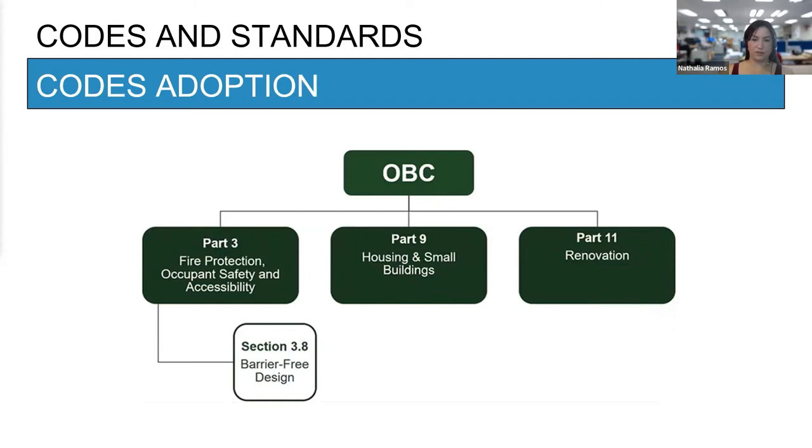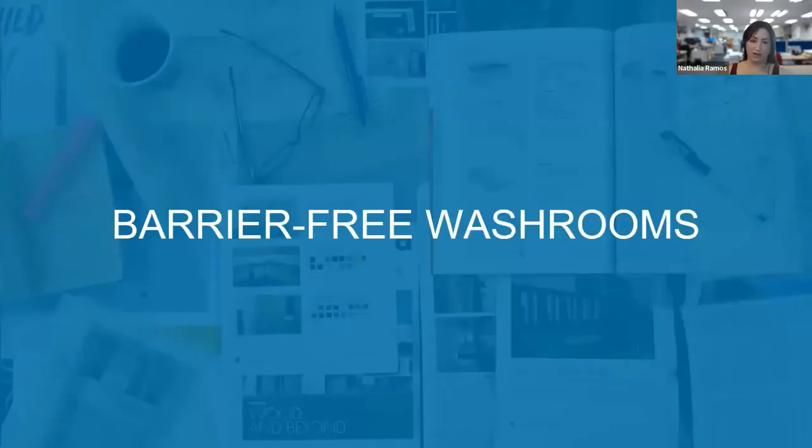What matters to us today is the OBC, and specifically Part 3, Section 3.8, which covers barrier-free design. So let's dive into the code requirement updates for the barrier-free washrooms.